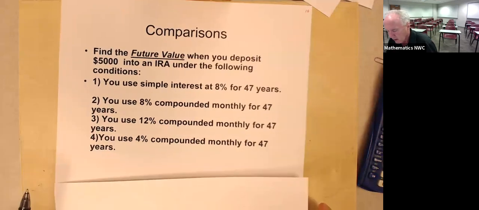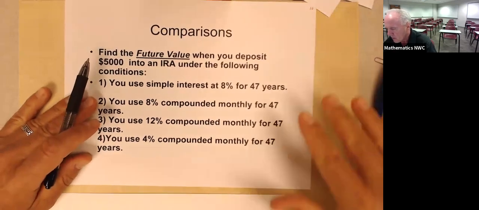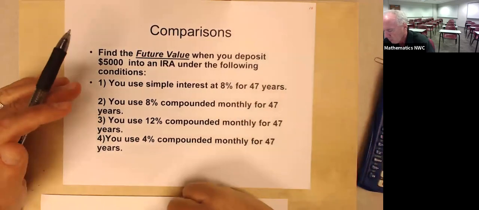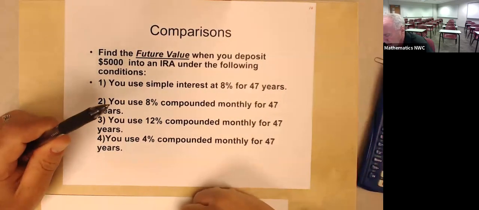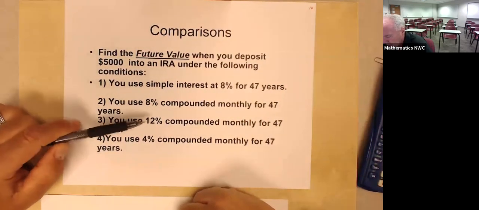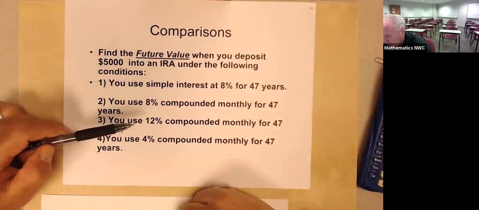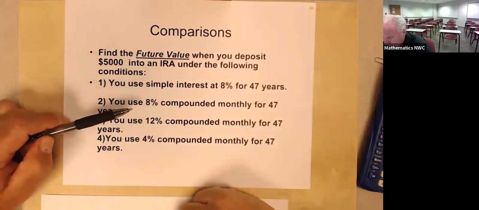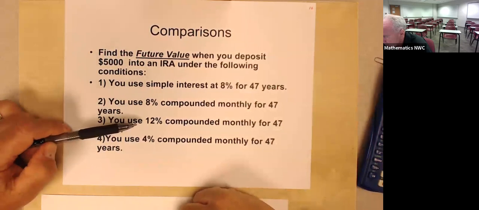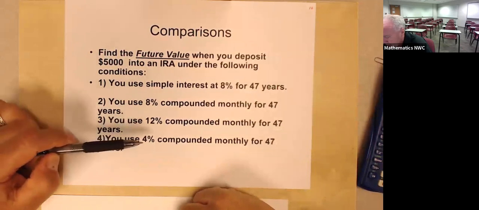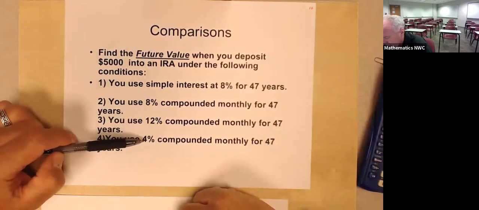This particular problem is to help you understand why people get kind of excited when interest rates go up or down. Sometimes some people are excited when they go up, other people are discouraged when they go up. Sometimes people are excited when they go down, other people are discouraged when they go down.